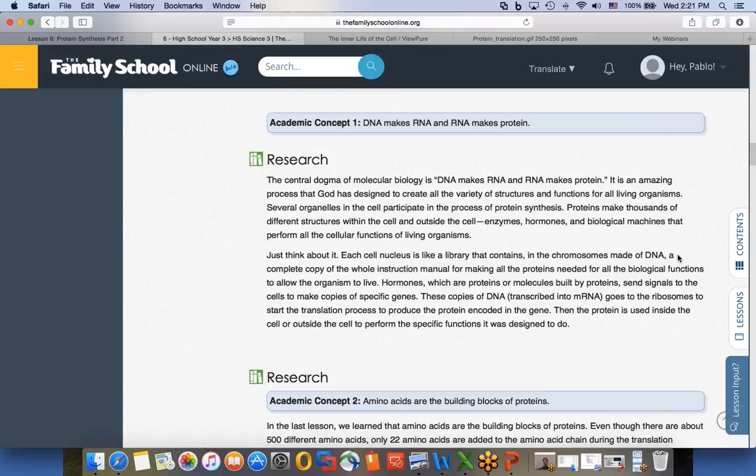The central dogma of molecular biology is DNA makes RNA, and RNA makes protein. It is an amazing process that God has designed to create all the variety of structures and functions for all living organisms.